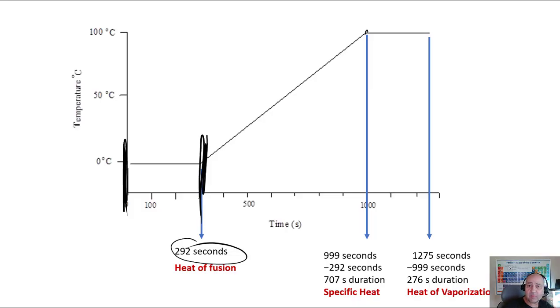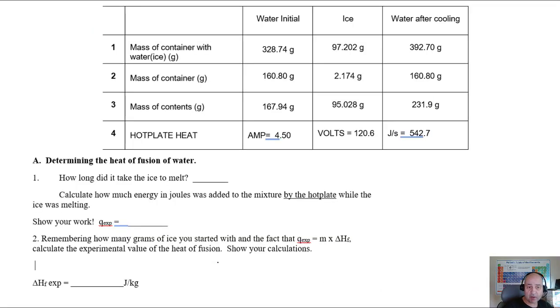You should normally be able to just go in and see where it plateaued here and here, where we started seeing an increase in temperature. However, some of this heat from the hot plate's actually going to be warming up this, so it's possible that it's not going to be such a nice, clean, visible Q here. But anyway, we used 292 seconds for this first part.